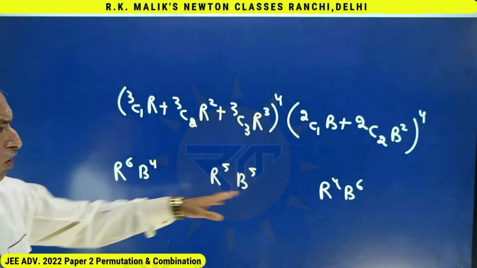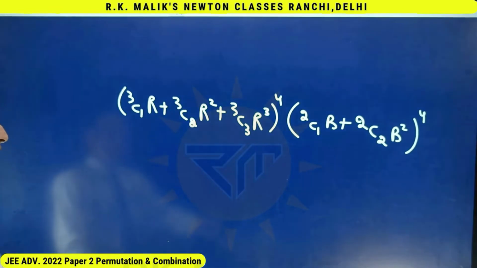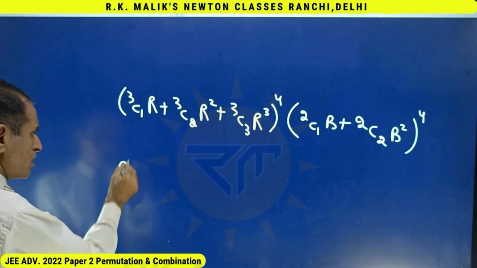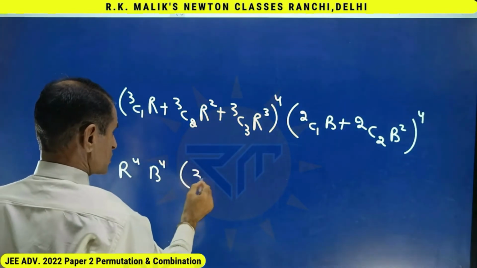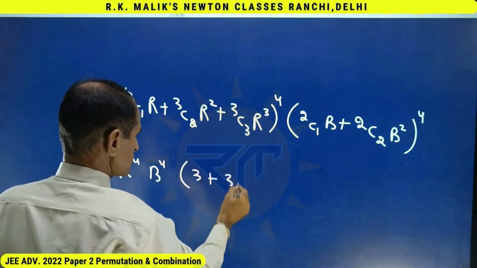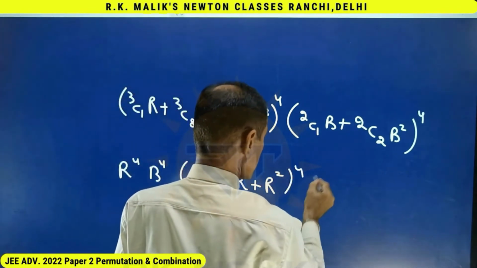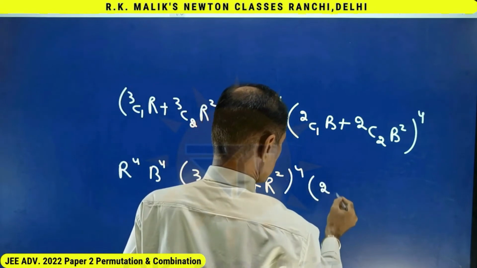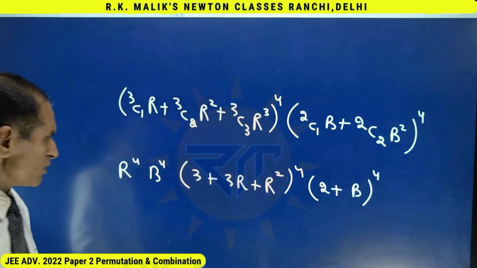The sum of the coefficients of all these three terms will give you the number of ways of selecting balls under the condition given in the question. And now this can be written as r to the power 4 b to the power 4 into (3 plus 3r plus r square) to the power 4 into (2 plus b) whole to the power 4.